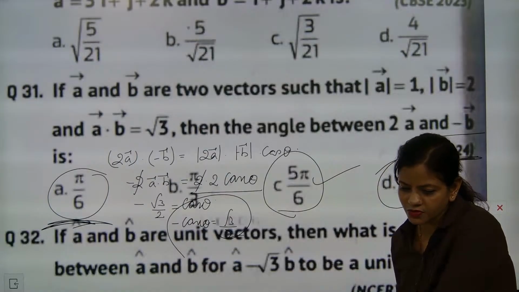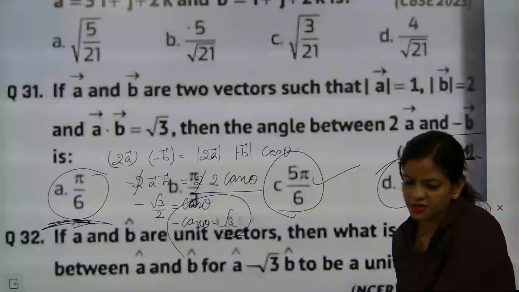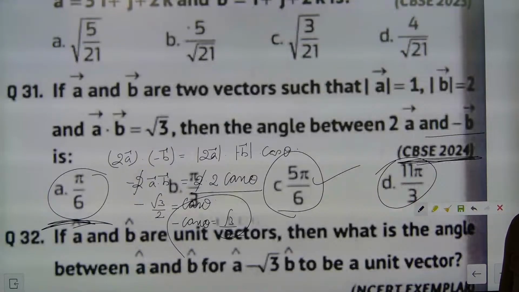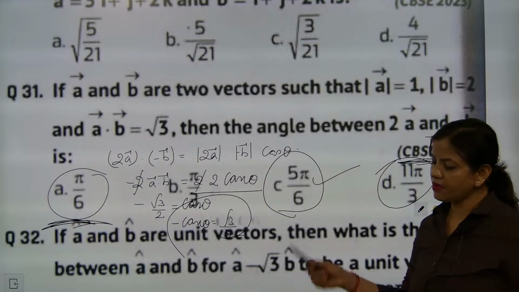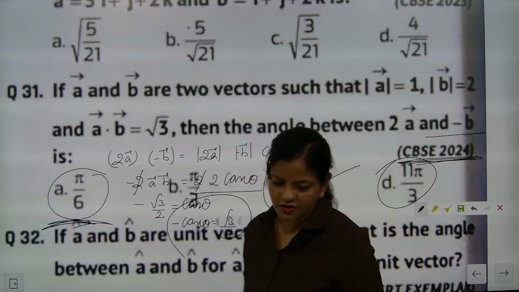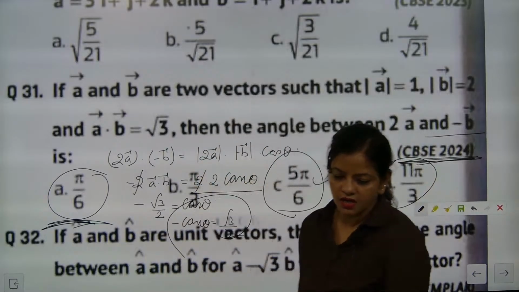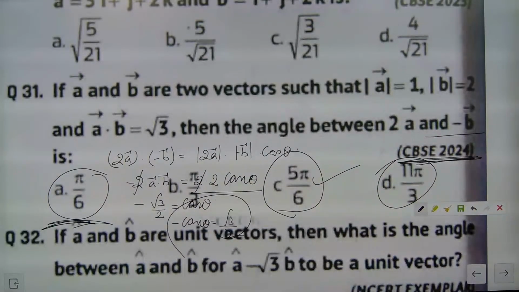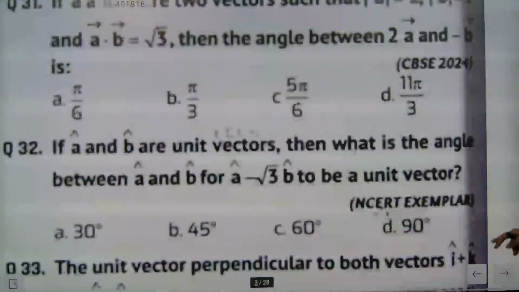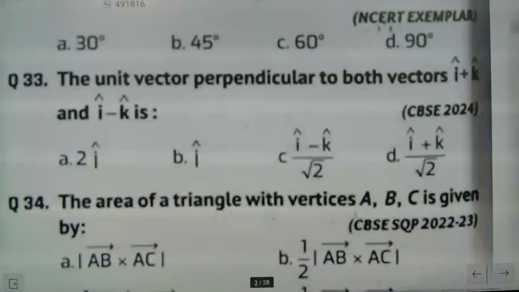I am also thinking it should be 5 pi by 6, but on the standard platform they have given the answer as 5 by 6. One time I will check where they are killing this minus. As per the minus, it should not be filled like that. 5 pi by 6 only should be coming. Example question, CBSE again 2024. This type of question, please kindly solve.